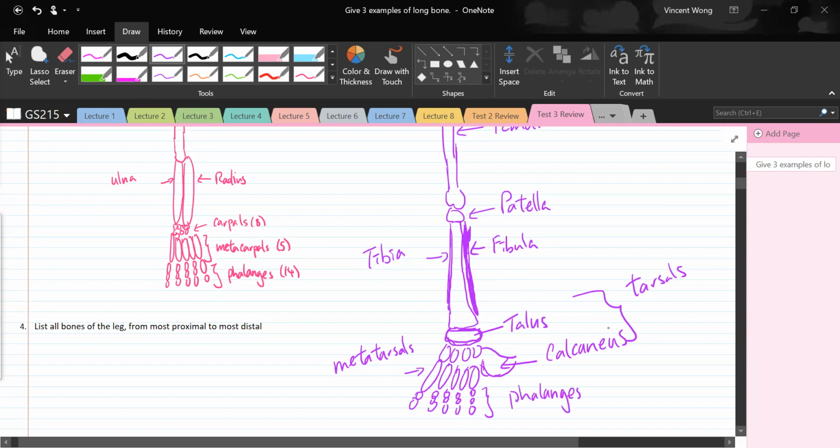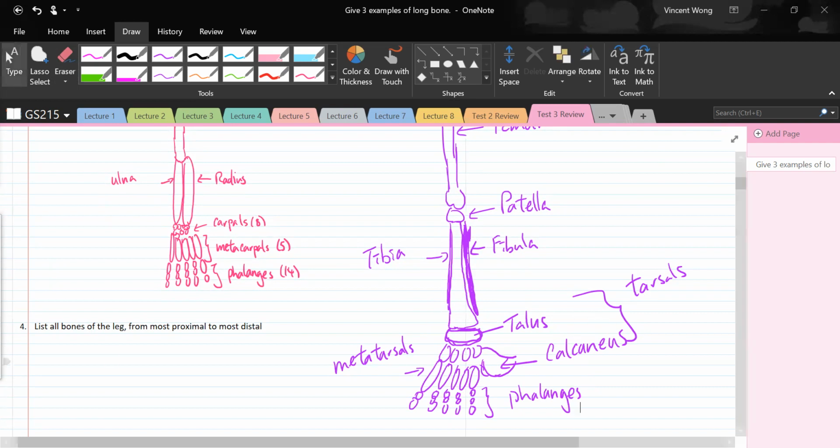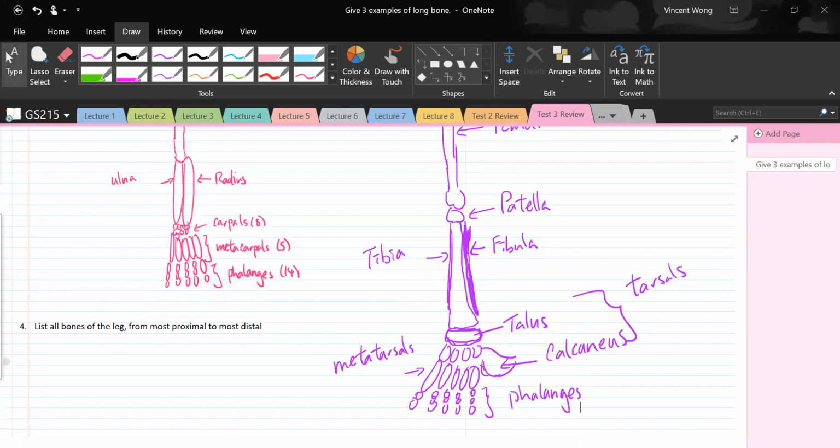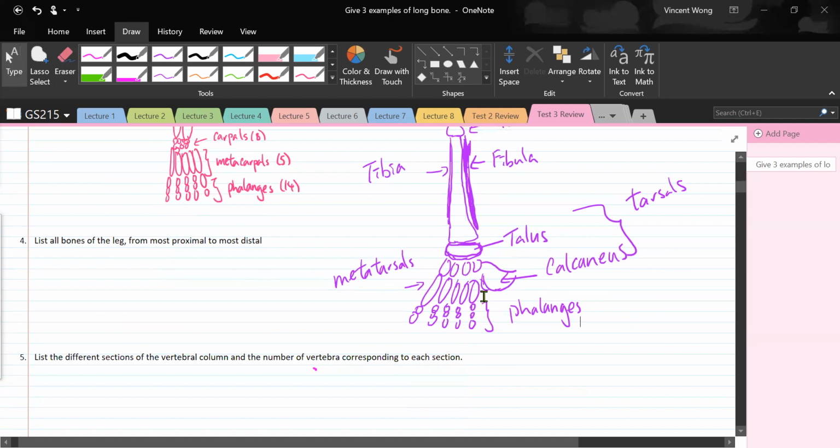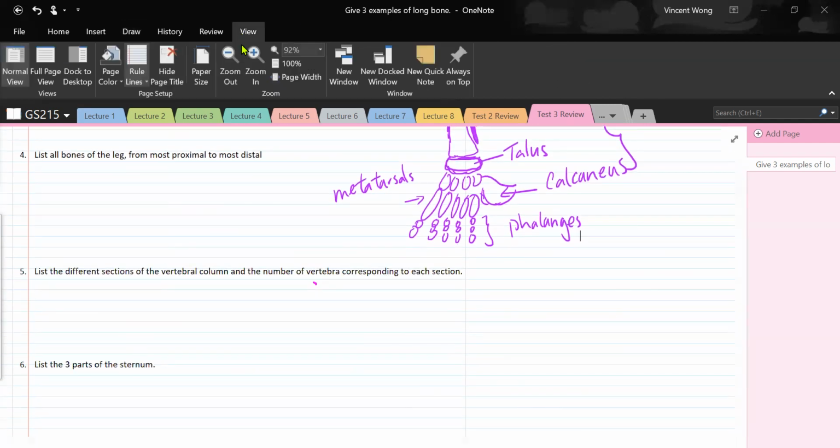Okay, so just familiarize yourself with your bones. There are going to be some questions where it's pointing to a structure and asking you what bone the picture is pointing at. Should be pretty straightforward. All right, next one here.